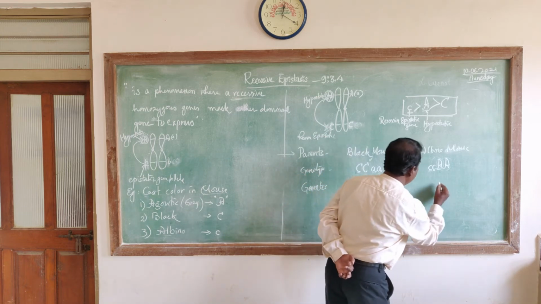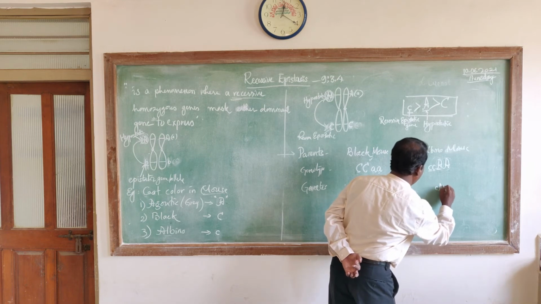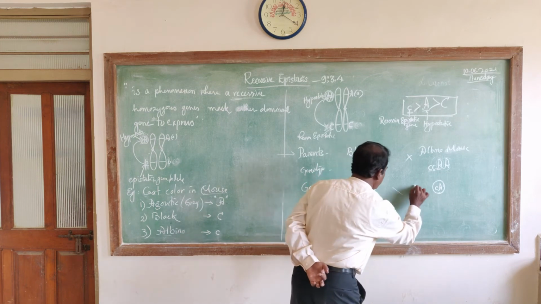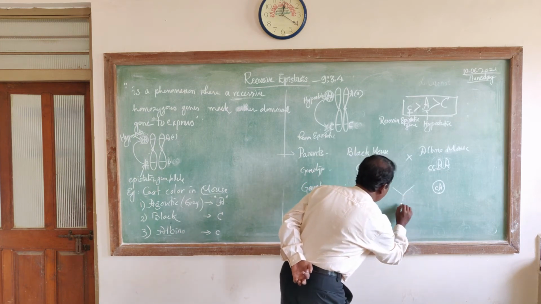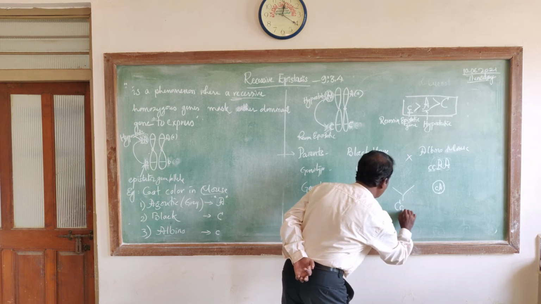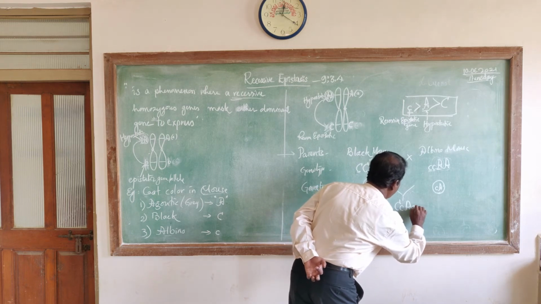So its allelic combination could be small c, capital A in the other gamete. When these two unite or fuse together, they form a zygote carrying the allelic combination capital C, small c, capital A, small a.